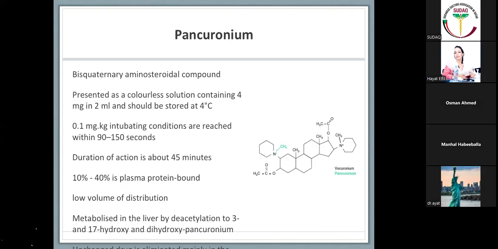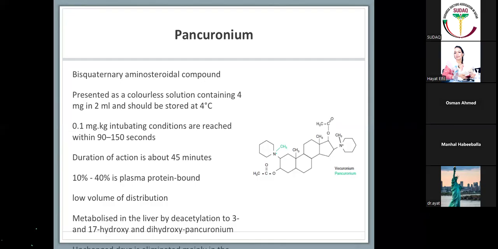Of note, pancuronium causes tachycardia by blocking the cardiac muscarinic receptor, so it has a muscarinic effect, and an indirect sympathomimetic action by preventing the uptake of noradrenaline at the postganglionic nerve ending. So it has a cardiovascular effect.